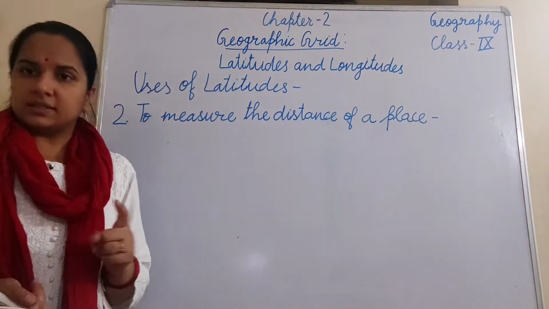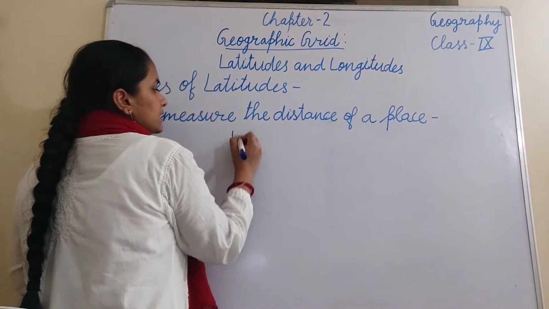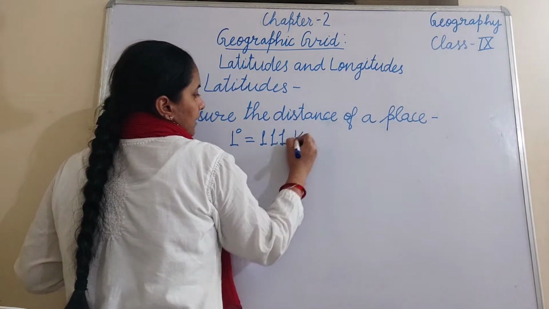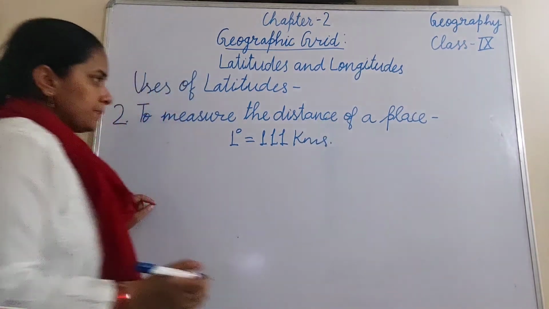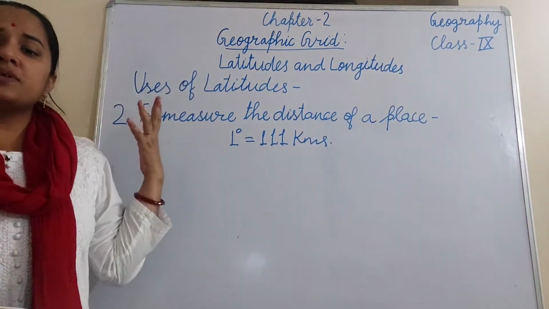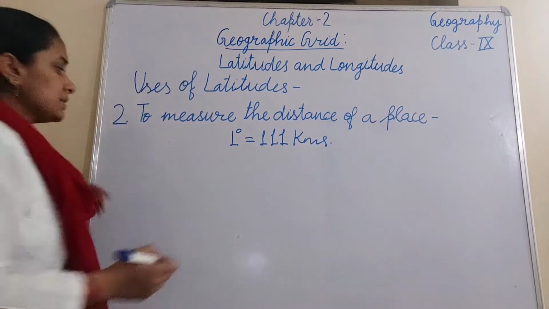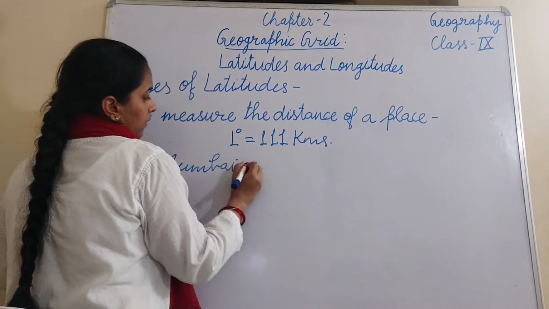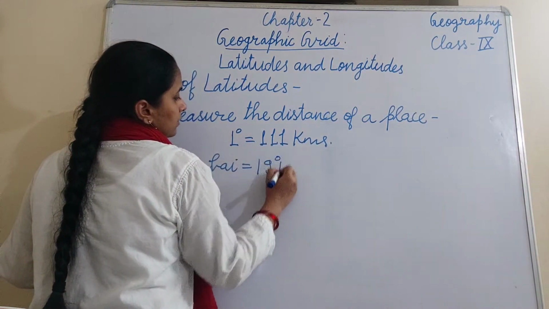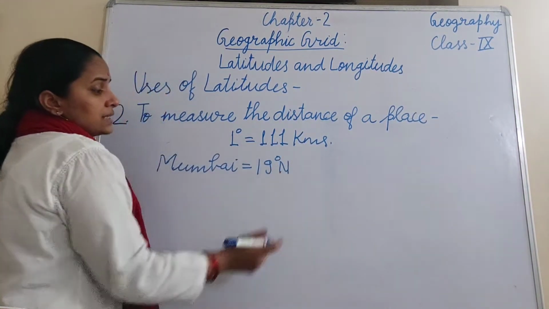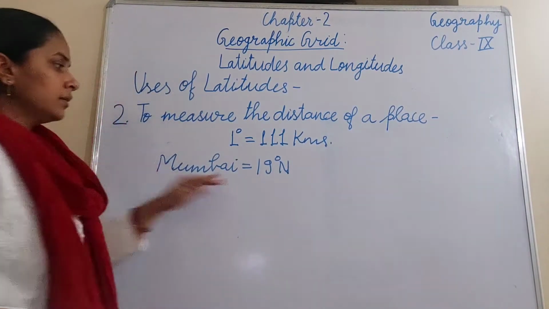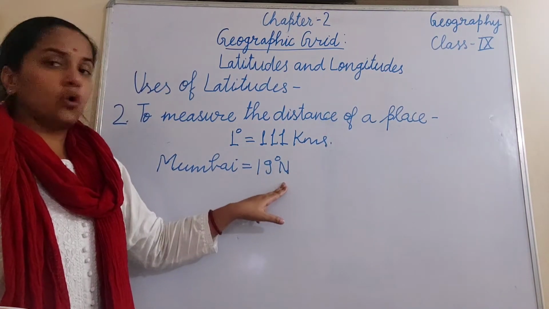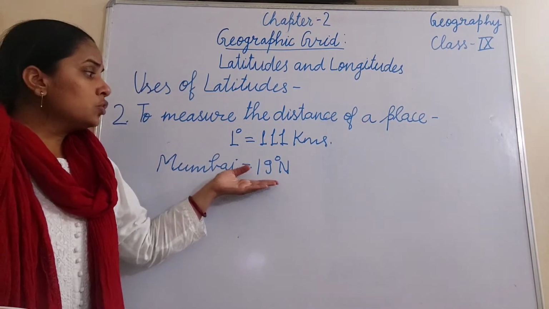We have already discussed that 1 degree of angular distance is equal to 111 kilometers. Suppose the latitude of Mumbai is 19 degree. This is the x coordinate, the angular distance.